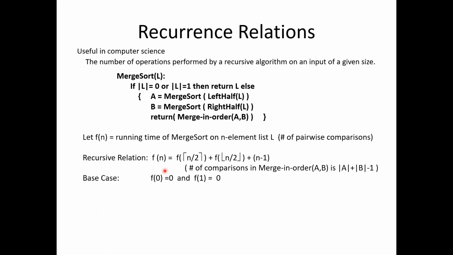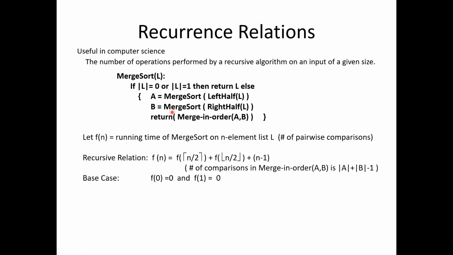So let's say I'm measuring running times in terms of the number of comparisons, of integer comparisons between elements. Let's say elements of the list are integers. This code performs no comparisons, so the number of comparisons is 0 in both cases. What about the recurrence relation? What about n greater than 1?